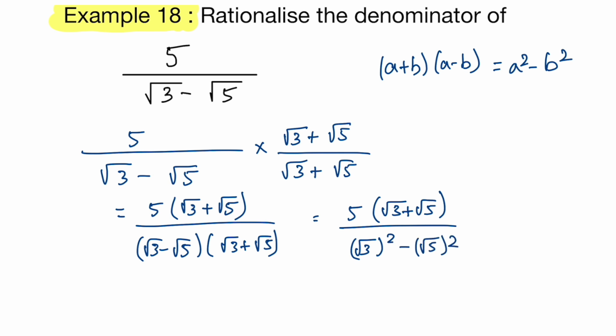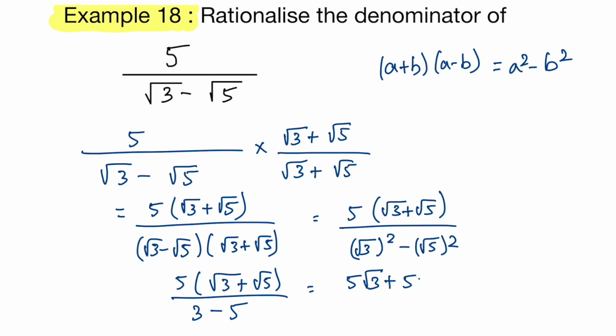right? Root 3 squared gives you 3 and root 5 squared gives you 5, right? So 5 into root 3 plus root 5 divided by 3 minus 5. So 3 minus 5 is minus 2, right? So this can also be written as 5 root 3 plus 5 root 5 divided by minus 2.